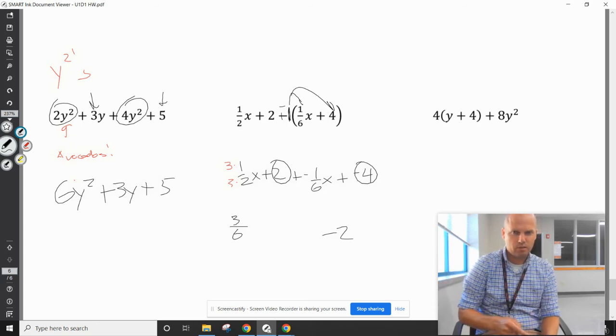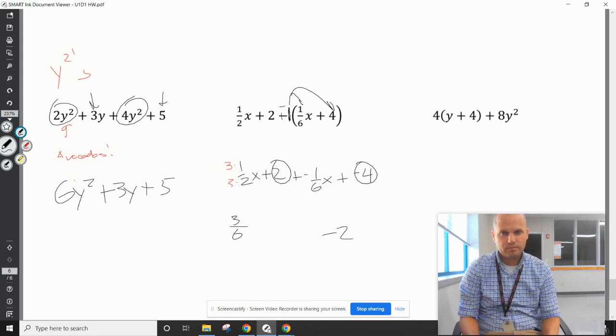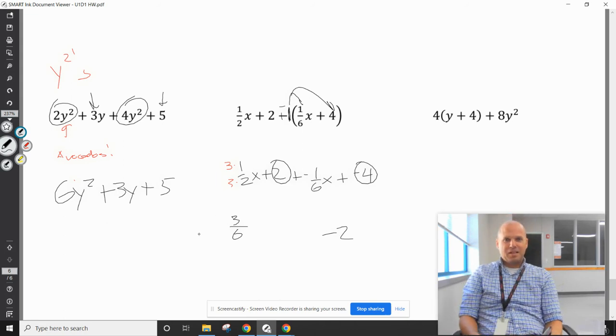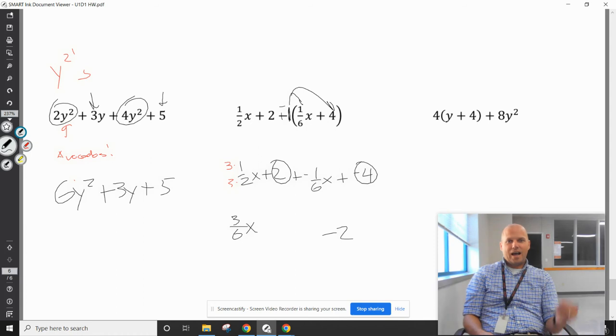Anyways, I'm not going to think about that. I have 3 1/6 slices. I owe 1/6 slice of an apple. I have now 2 6ths. Oops. 2 6ths of an apple.